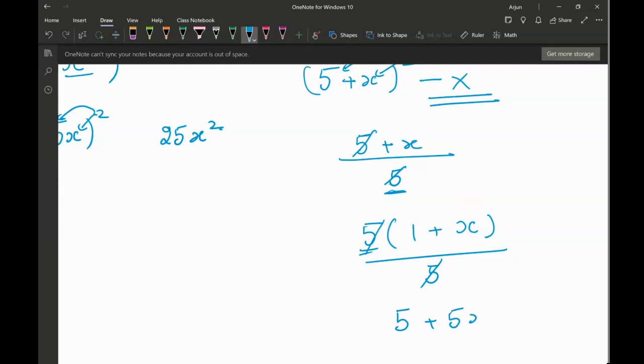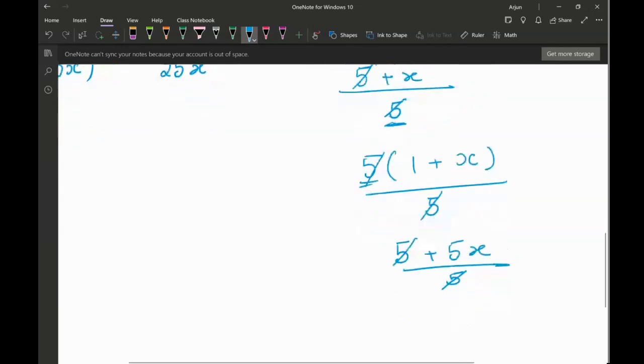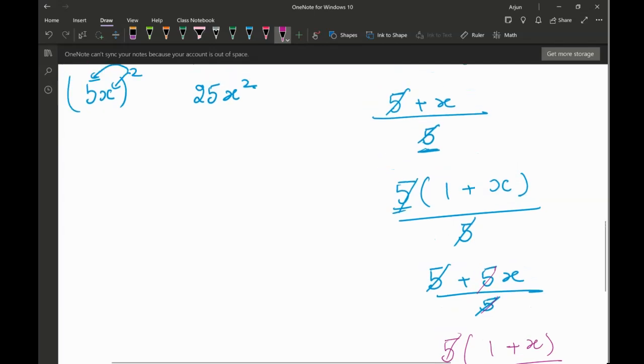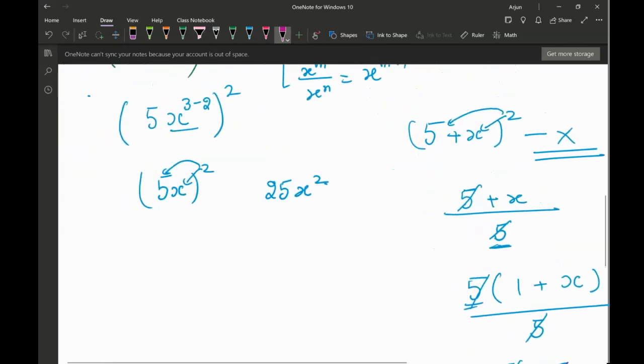Let's say if it was 5 plus 5x divided by 5, oh, that's what I can do. No, you cannot do that. Neither can you divide these two. So you need to take 5 common outside. You will write it 1 plus x and divide it by 5, and then only you can divide. So hopefully this concept is clear to you. You won't make a mistake in this concept.